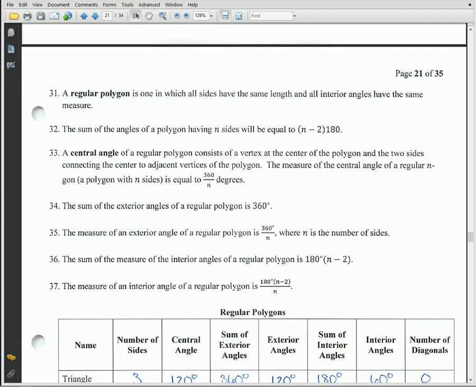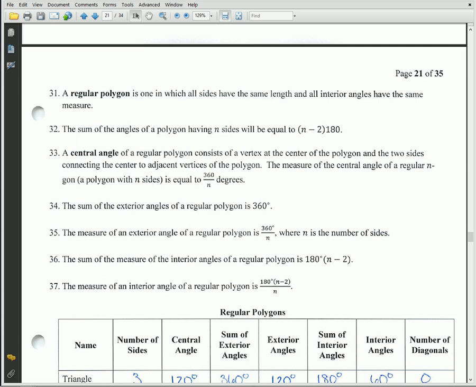The sum of the exterior angles of any polygon, I don't care if it's a hexagon, quadrilateral, an octagon, the sum of the exterior angles is 360 degrees. The measure of an exterior angle of a regular polygon is 360 divided by n. Okay.